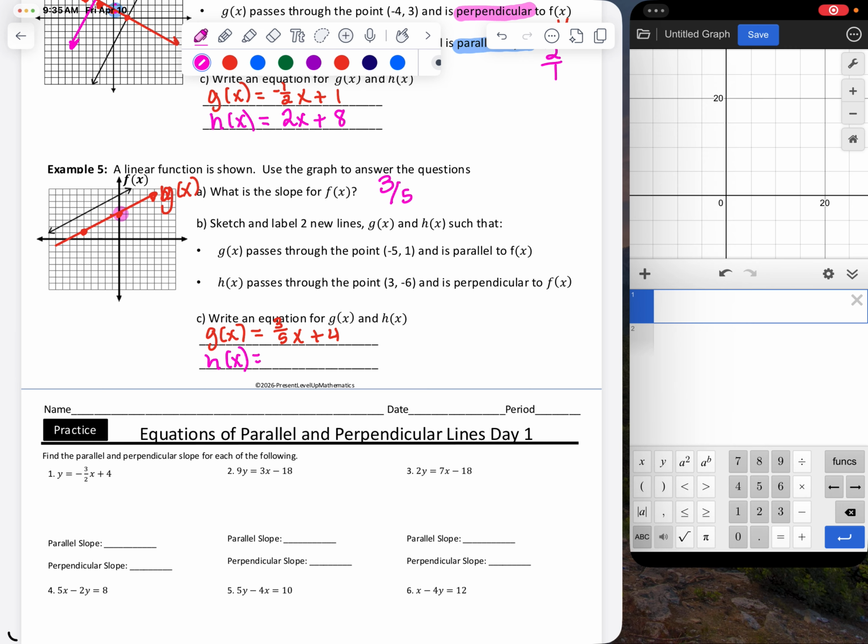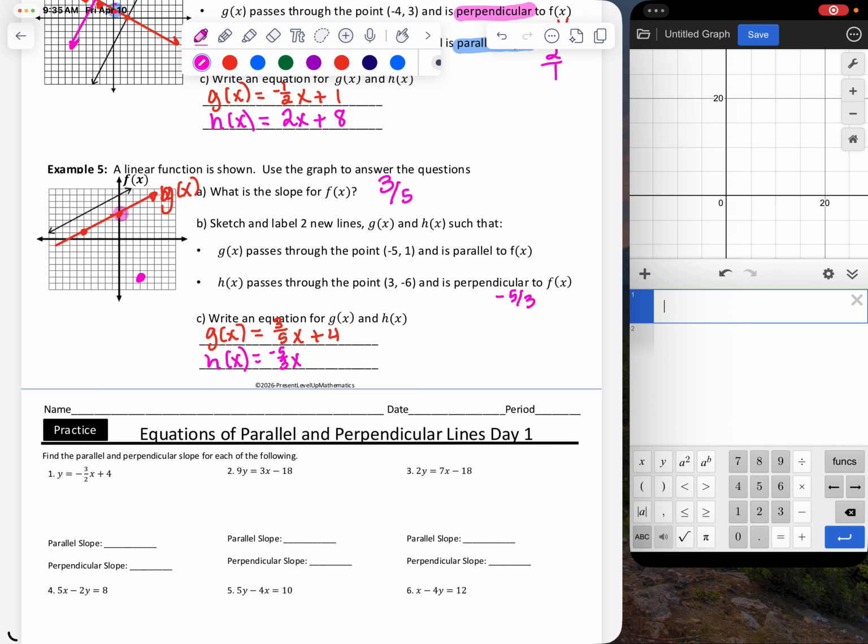So 1, 2, 3. 1, 2, 3, 4, 5, 6. And it is perpendicular to f of x. So that means the slope must be the opposite reciprocal, or negative 5/3.